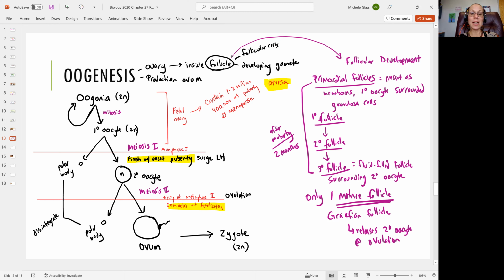So we'll actually see a rupturing occurs at ovulation. So the follicle itself will thin out and break, and the ovarian wall will thin out and break. And so you're actually doing a little bit of a rupturing. And I think this is important that we only get one mature follicle, so that at ovulation, we're just getting the release of one ovum.